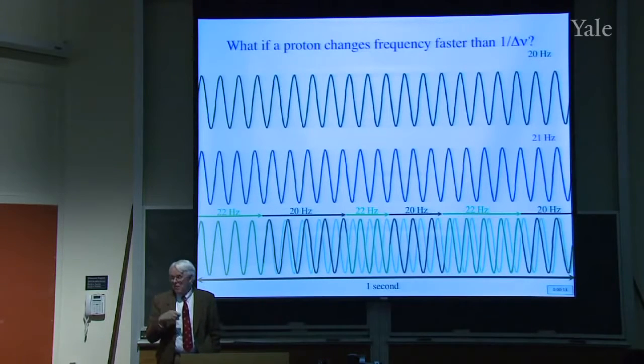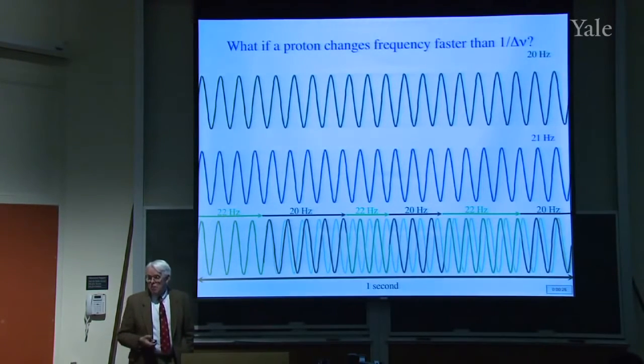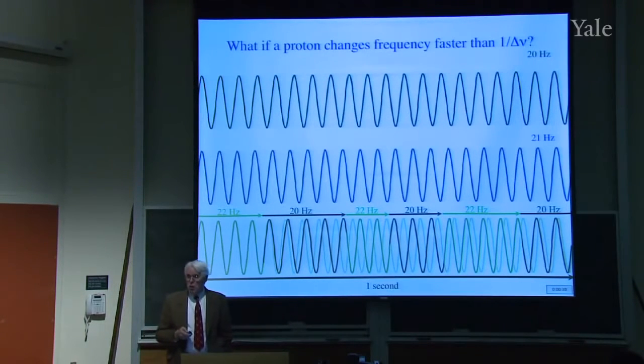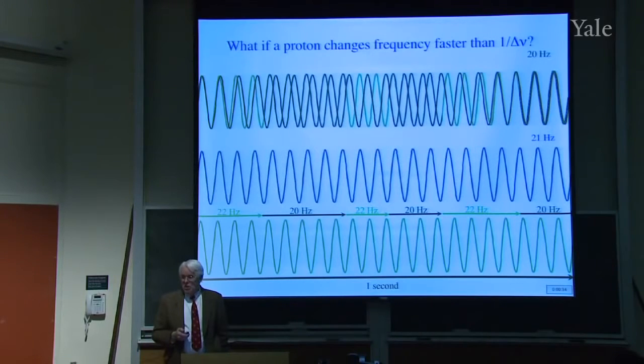Okay, it's jumping back and forth randomly at a certain rate. Now obviously that's not going to work with the 22 hertz light. It goes in and out of phase, right? So we won't get any absorption of 22 hertz light. Suppose we tried 20 hertz light. Again, it goes in and out of phase, right?